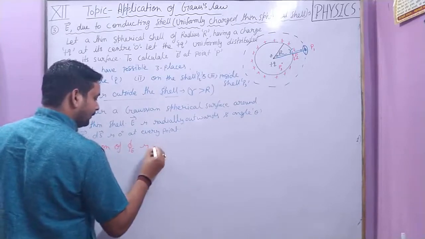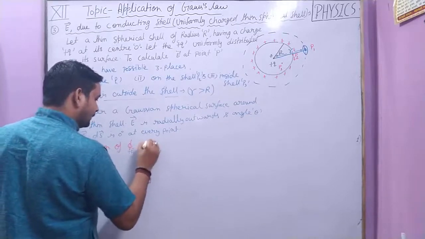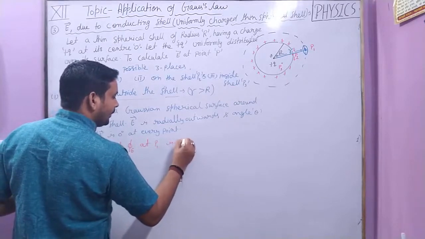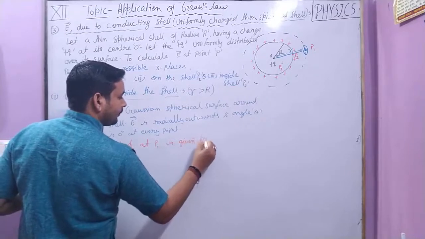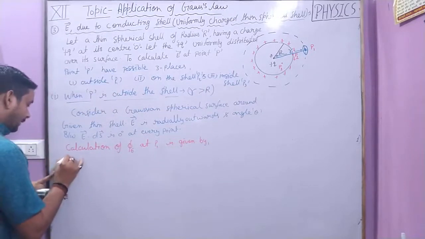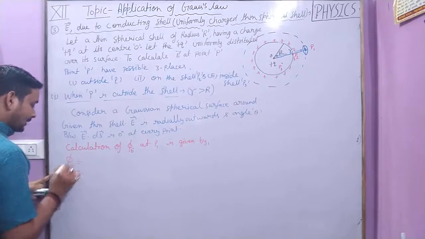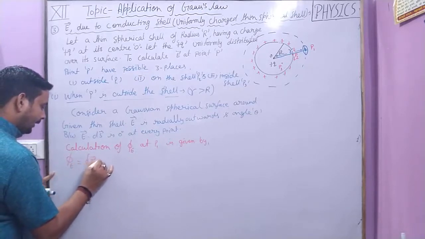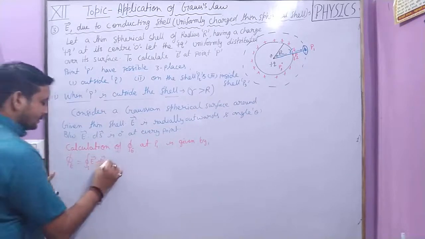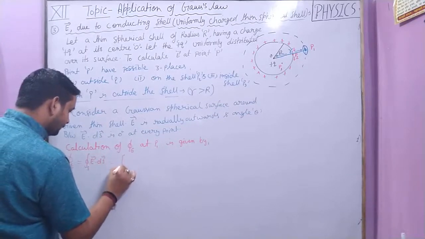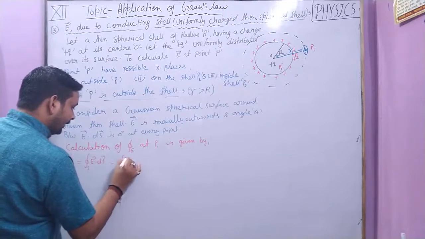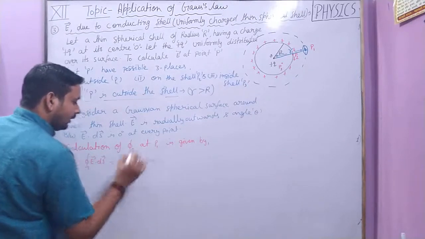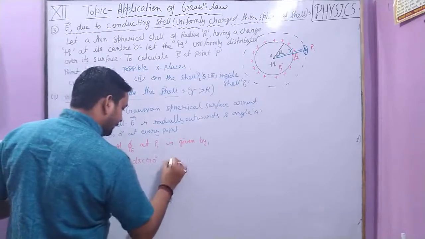The electric flux at P1 is given by phi E, the closed integral of vector E dot vector ds, which is equal to E ds cos 0 degrees.